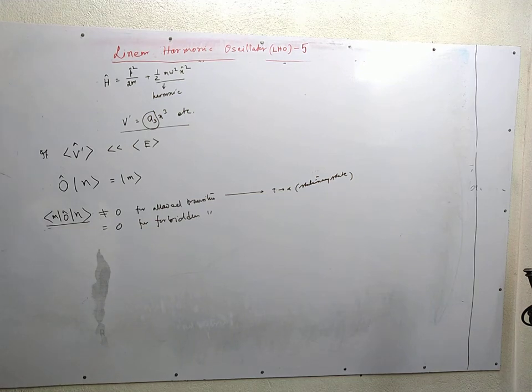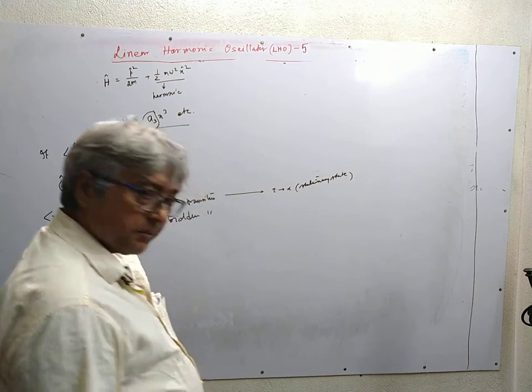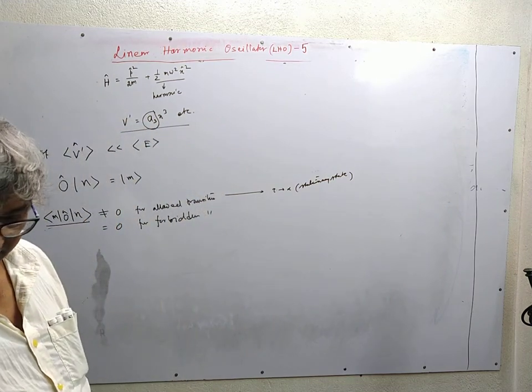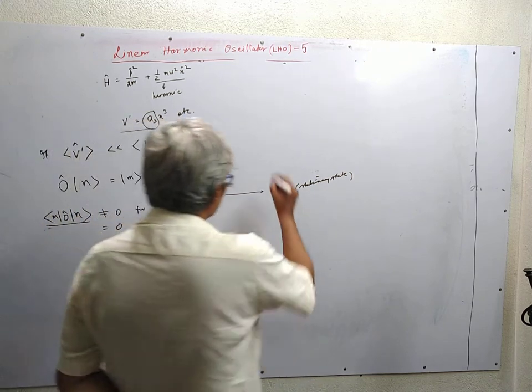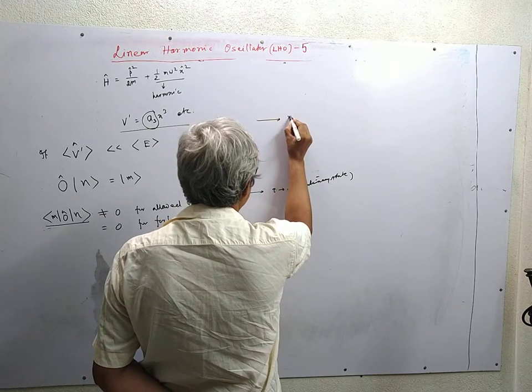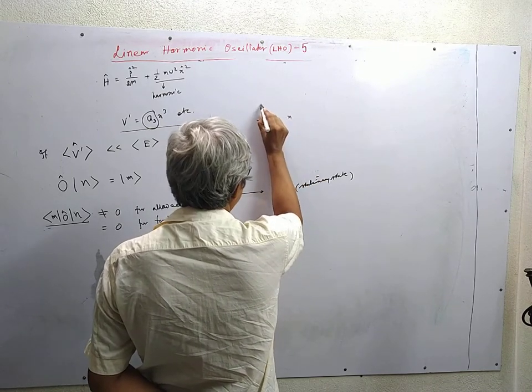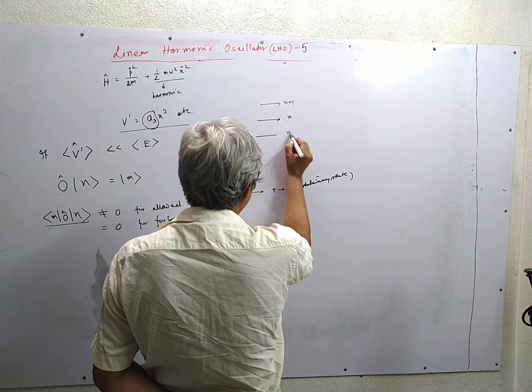Originally, before the development of quantum theory, the experimental physicist would examine the spectra of a system very minutely, and from there they come to the conclusion what are the possible transitions. Say it is in a state n, then it is found that it can go one step up or one step down.